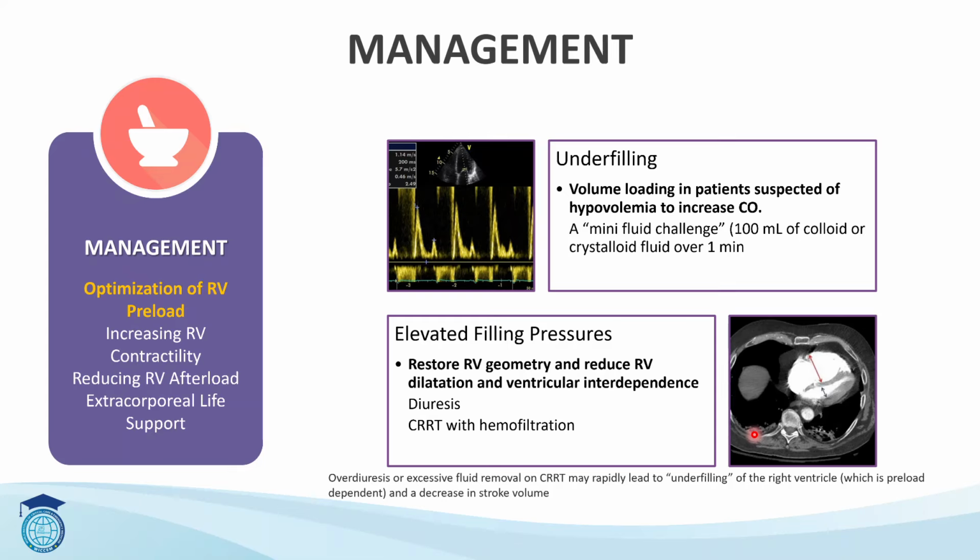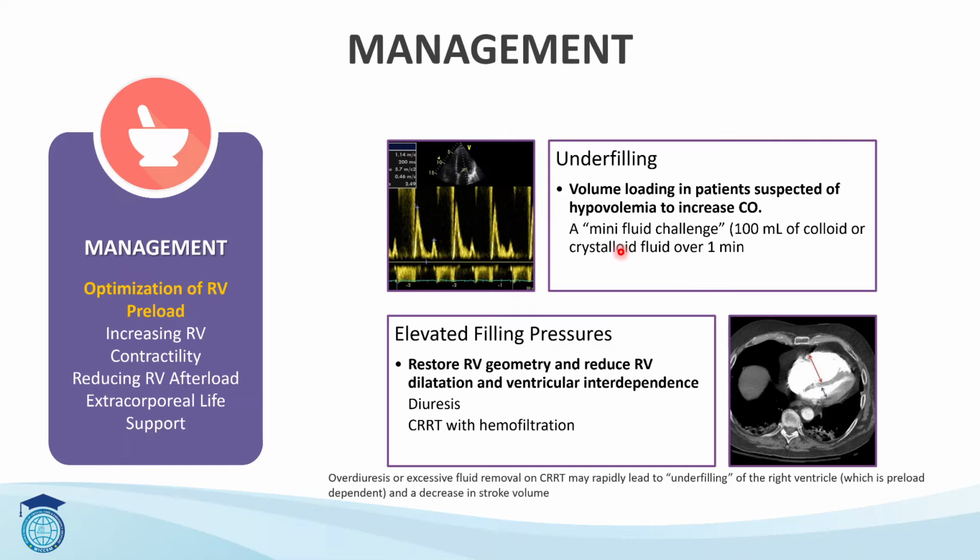In terms of preload, those patients with hypovolemia need to be optimized in terms of the filling of the right ventricle, so contractility is going to be improved based on the Frank-Starling curve.